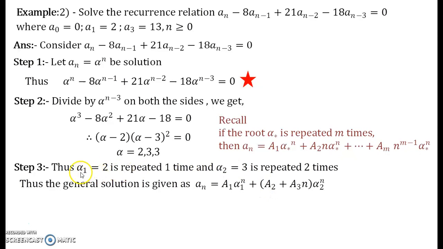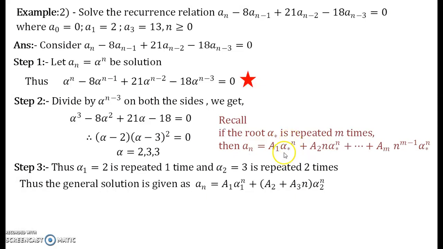First of all, observe that alpha 1 equal to 2 is a root which is repeated only one time. If you analogously write this using the statement we made last time regarding repeated roots, alpha 1 is repeated just one time, so a_n equals a1 alpha 1 to the power n.